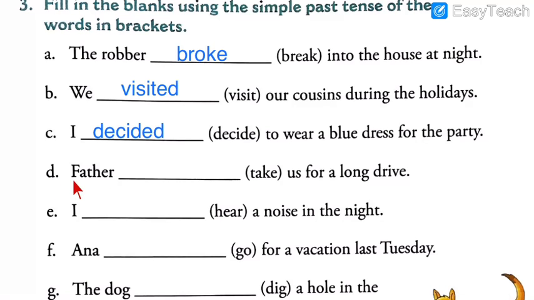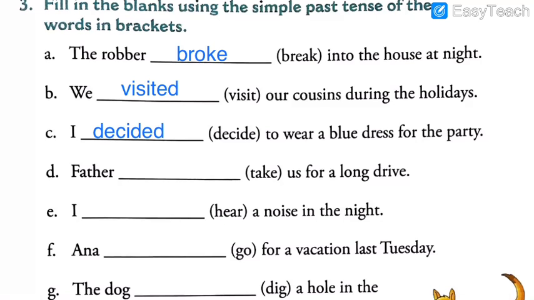Question D. Father dashed us for a long drive. Option is take. Now, how will you form the past form of this verb take? What is the past form of the verb take?